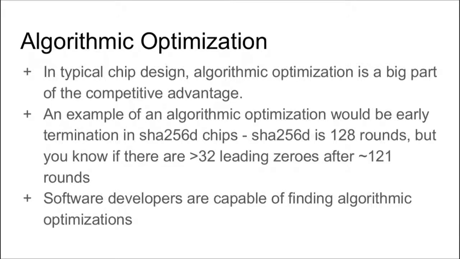You look for a bunch of leading zeros. But actually, if you work backwards, there are enough leading zeros that you can work backwards through the SHA algorithm, and it becomes apparent as early as round 121 whether or not you got all of those leading zeros. And so there's no reason to do all 128 rounds. You can usually quit at 121, and that's an algorithmic optimization.